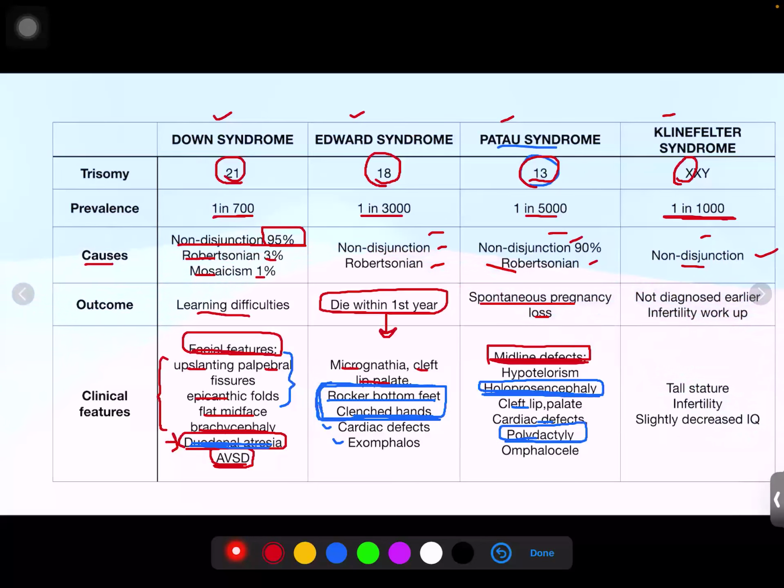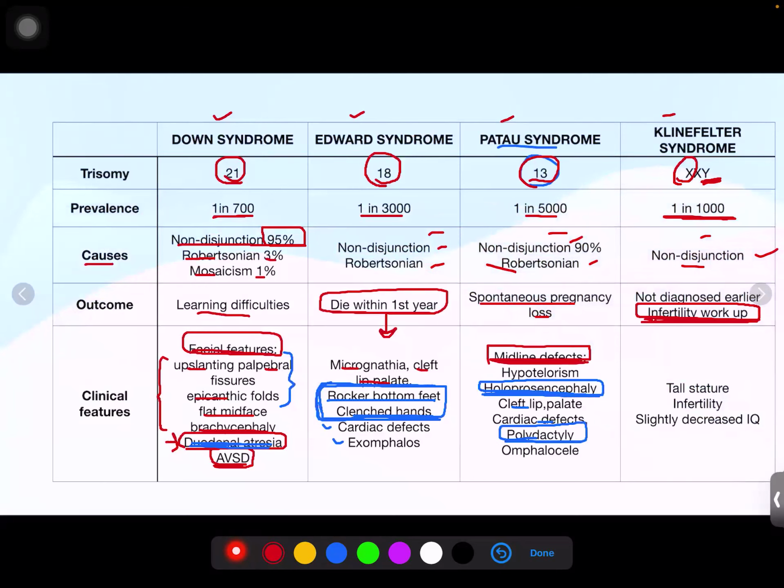These will be male babies. They are born very normal, and you don't know that they have Klinefelter syndrome unless they grow up and you do their infertility workup. They will be infertile, there's azoospermia.